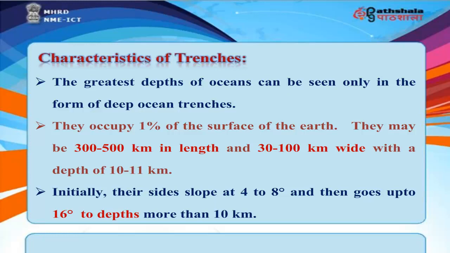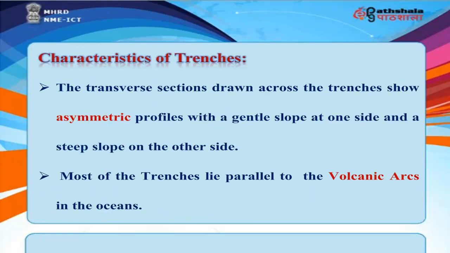Initially, their sides slope at 4 to 8 degrees and then go up to 16 degrees at depths of more than 10 kilometers. The transverse sections drawn across the trenches show asymmetric profiles with a gentle slope on one side and a steep slope on the other side. Most of the trenches lie parallel to the volcanic arcs in the oceans.